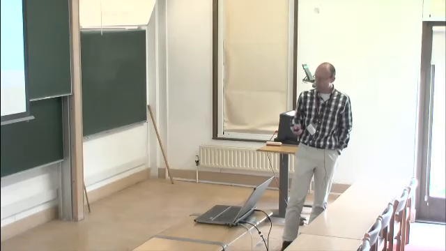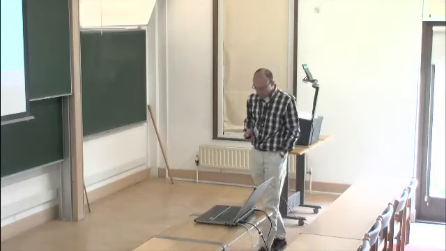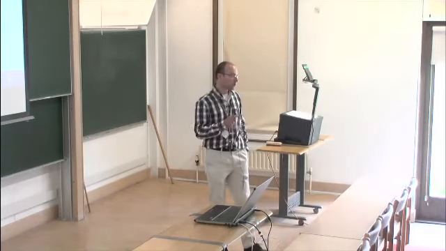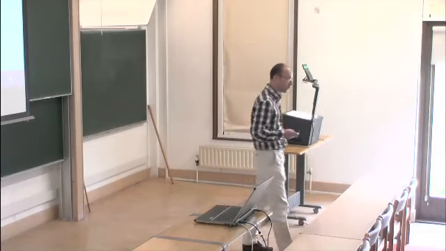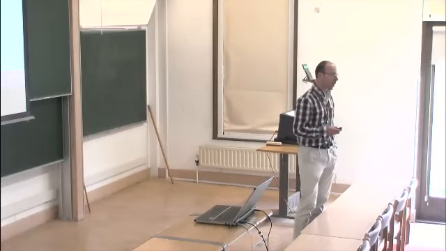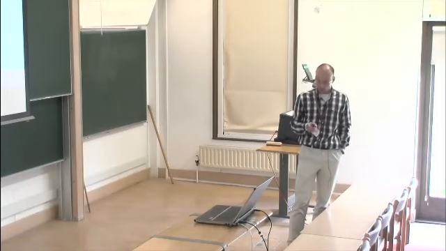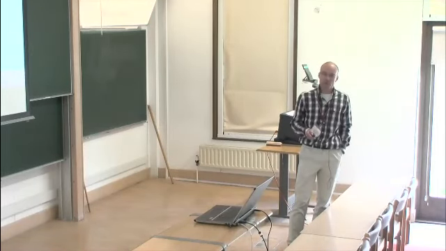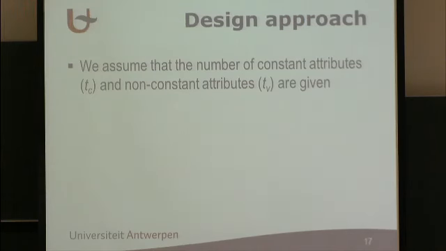So that's the Bayesian d-optimal design approach. So that's what we use to construct designs with partial profiles. Now, how do we do that? How do we end up with designs that have partial profiles? Well, first of all, we assume that the number of constant attributes and the number of non-constant attributes are given.